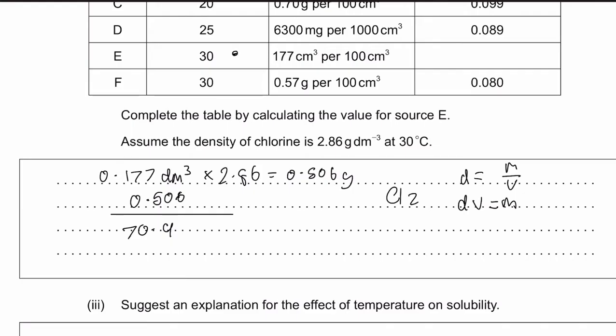So converting to concentration, that would be the same as timesing it by 1 over the volume, which is 100 centimeters cubed, also known as 0.1 dm cubed. And that's the same as essentially if we just did this, which is 0.506, that times 0.1. Yeah, and that gives us an answer of 0.0714 moles per dm cubed. Okay.